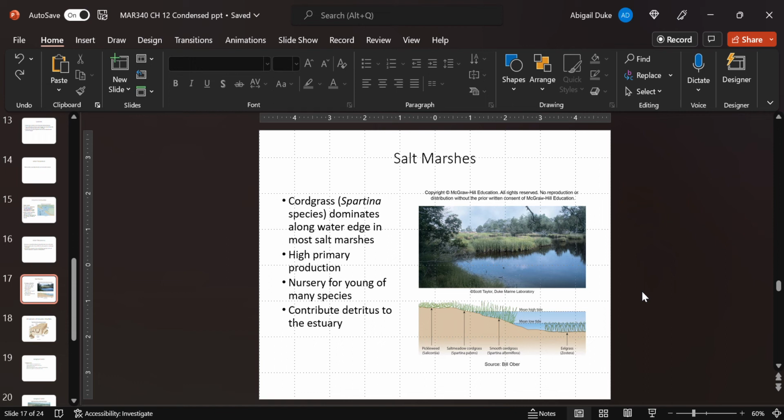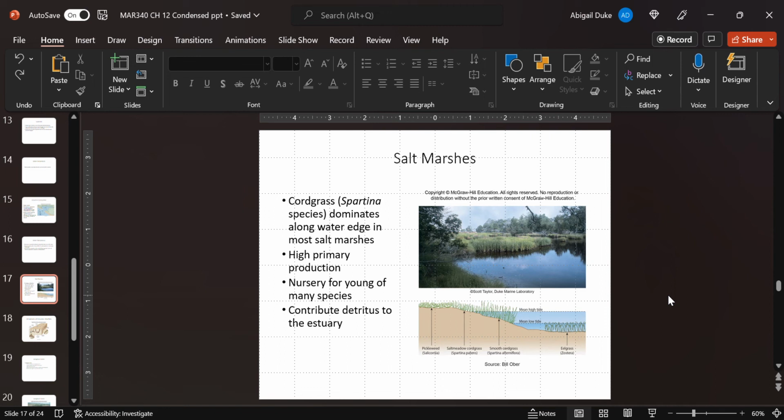So salt marshes. Cause yeah, all these little grass, like you always see little bitty fishes swimming in the grass. It's so cute. But anyway, this figure is found on page 288. It is figure 12.15. It says a salt marsh near Atlantic Beach, North Carolina, as in other Atlantic marshes.